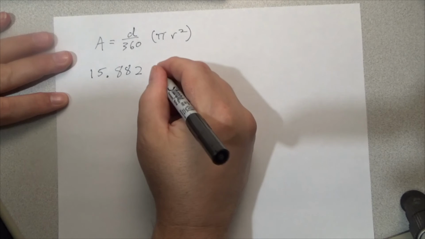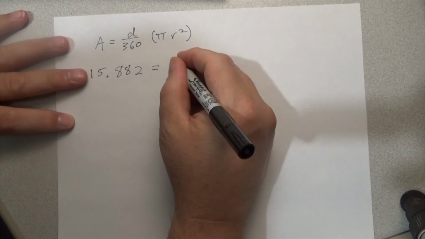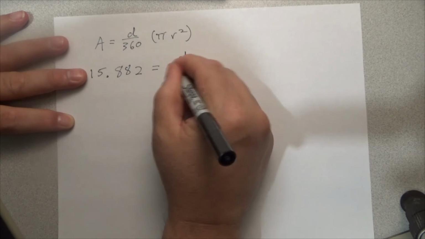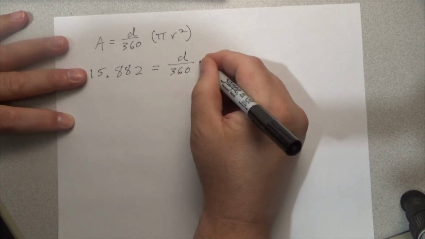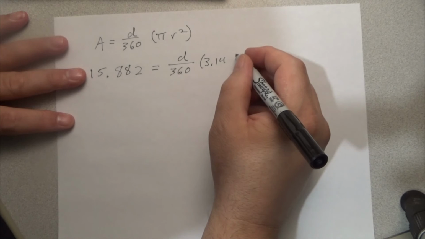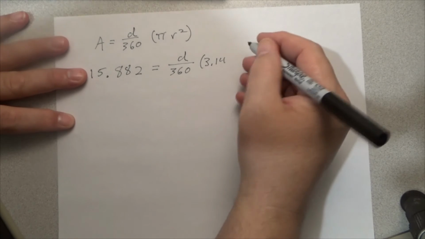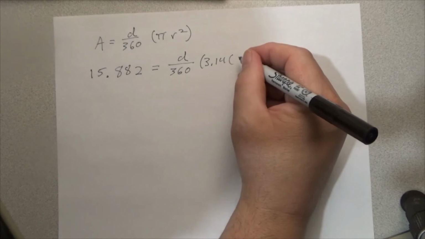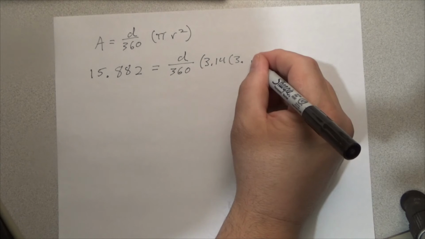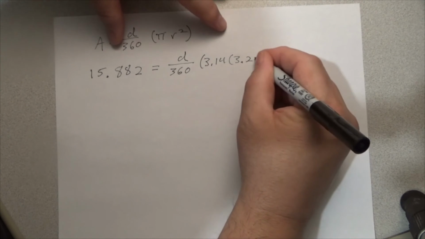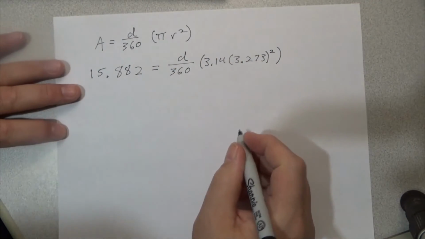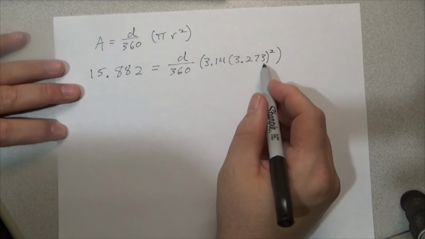So that's the area, is equal to, they do not give us the angle, so I will just put D in there, over 360, and then times 3.14 times the radius squared, which is 3.273 squared, like that right there. Well, I'm just going to go ahead and find out what this is.